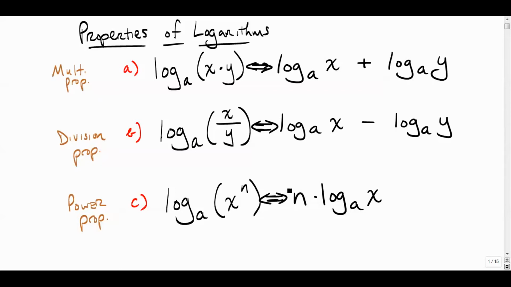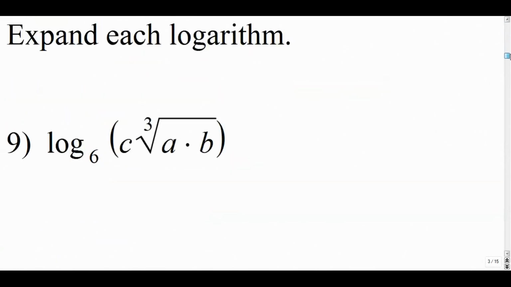And depending on the problem, you're going to have to know how to do both. So let's continue. Number 9, a little bit more complex. So I have log base 6, and I have a multiplication here. So it's c plus log base 6 of this craziness.